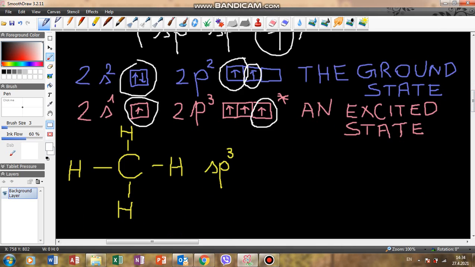We have a methane molecule here, and we are going to show sp3 type of hybridization and how you can find out, by looking at its structural formula, that it is sp3 type of hybridization.